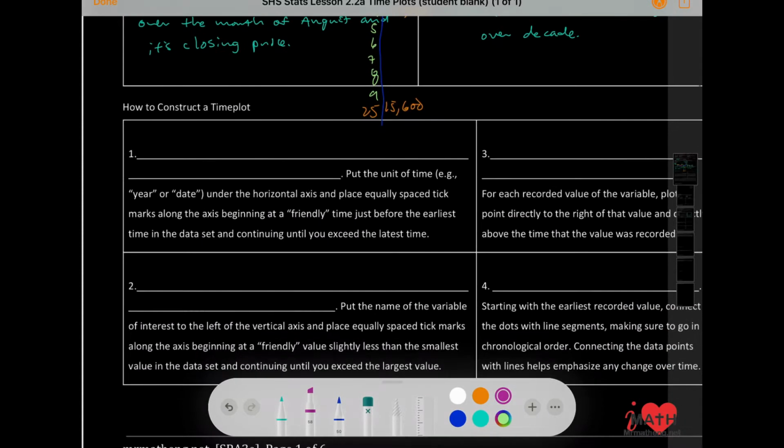Okay, so you might be wondering, how do I construct a time plot? It's not that much different than what we've done before. So let's go ahead and write down these steps.